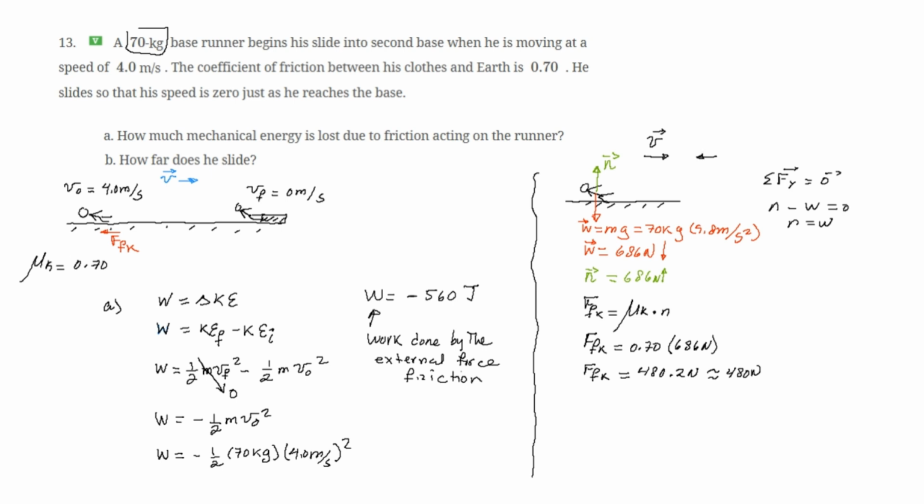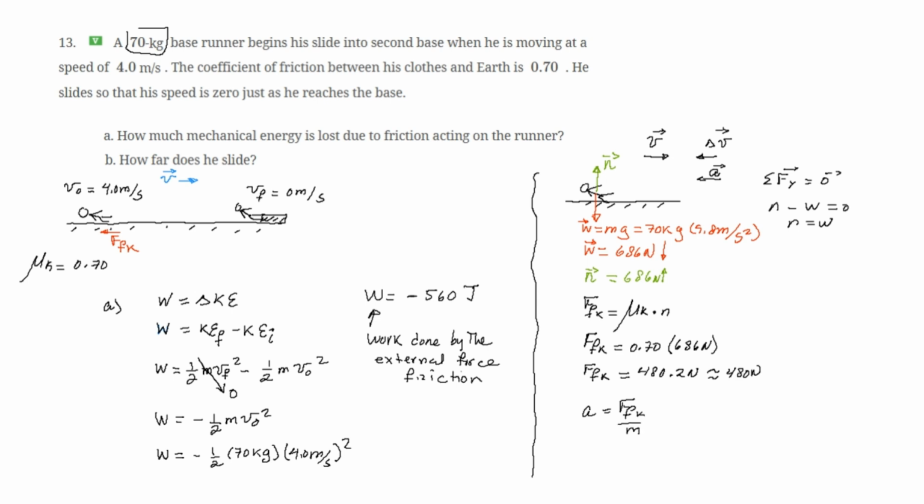The variation of velocity is a vector that points to the left, and the acceleration vector also points to the left. If the velocity is pointing to the right, the guy is sliding toward the base that is at the right. So this acceleration is the kinetic friction force, that is the external force acting here, divided by the mass of the person.